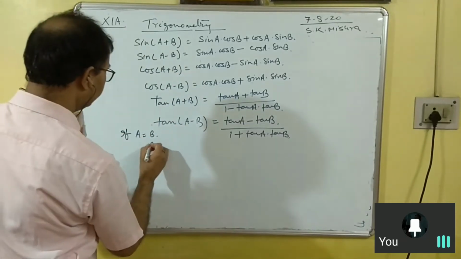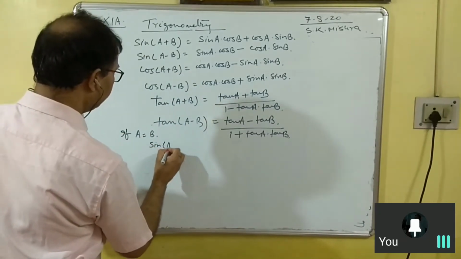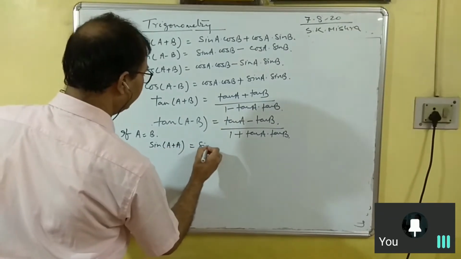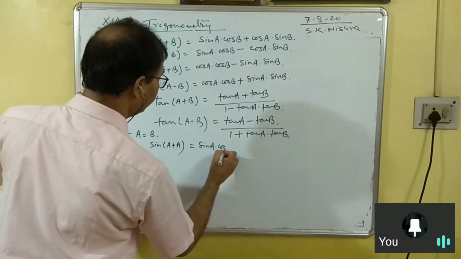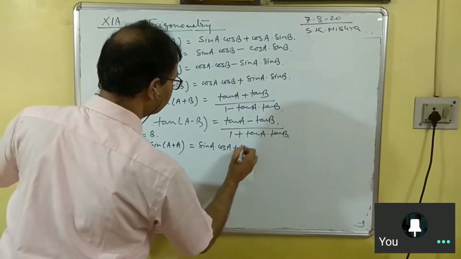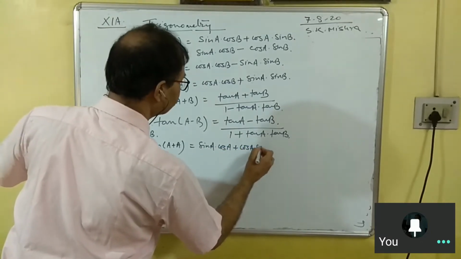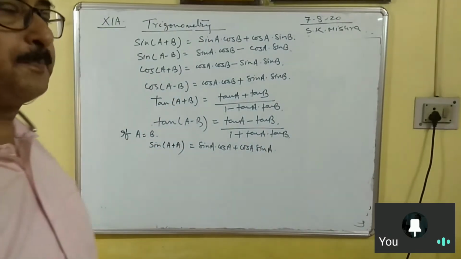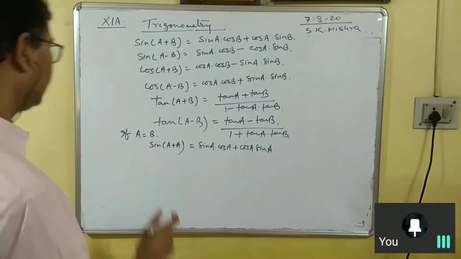So sine A plus B, where B is also A, is sine A cos A plus cos A sin A. Now we have replaced B everywhere by A.